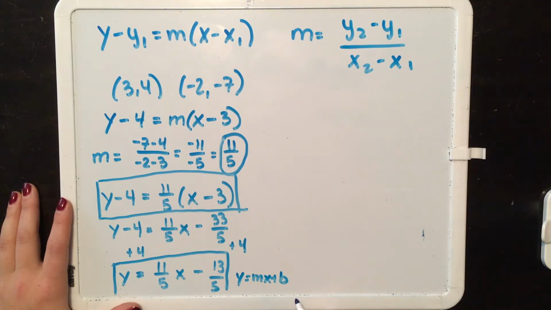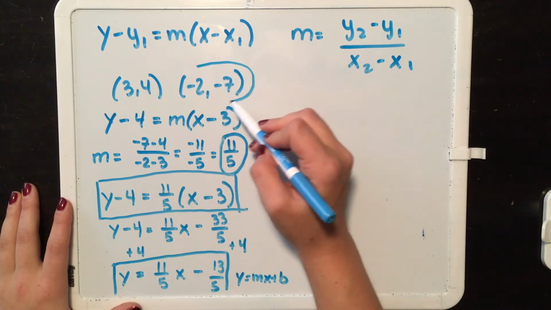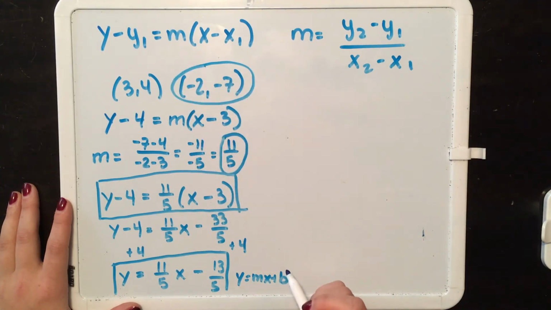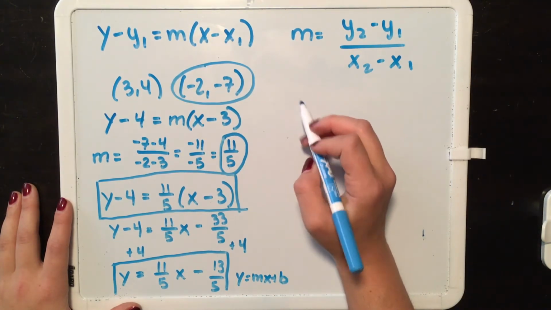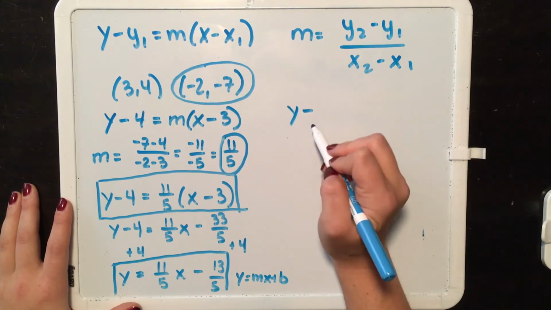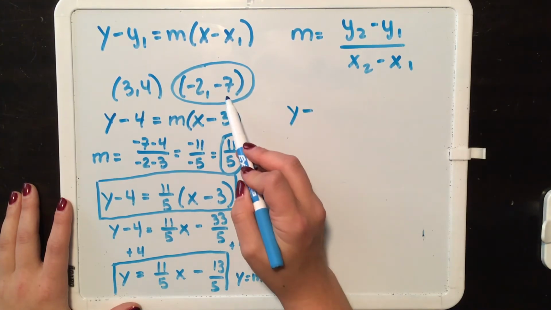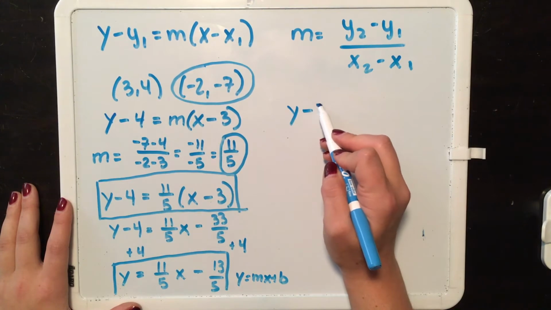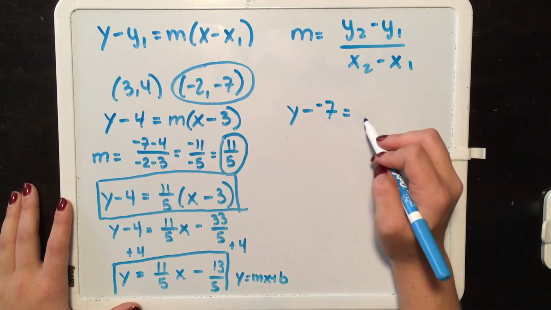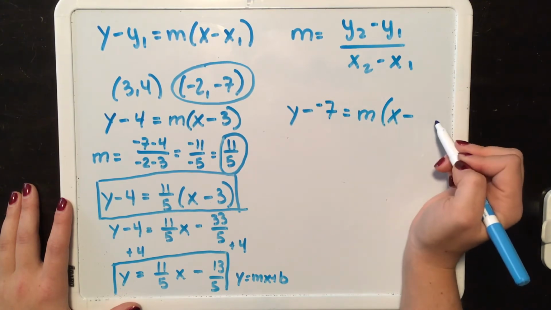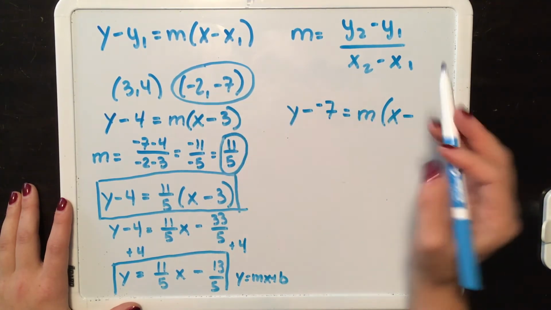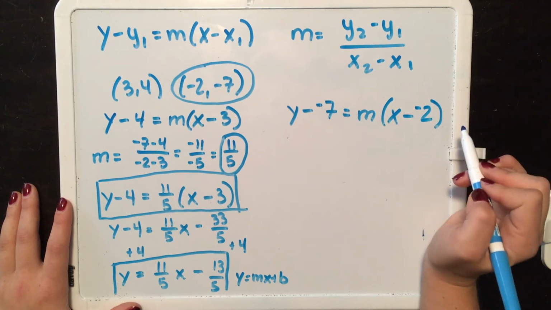Now I just wanted to show you that you could do this problem by using this point in point-slope form, and you'll still get the same answer. So we're going to try that so I can show it to you. Point-slope form, y minus y1, which we're going to use -7 this time, equals m times x minus x1, which in this case we're going to use -2.